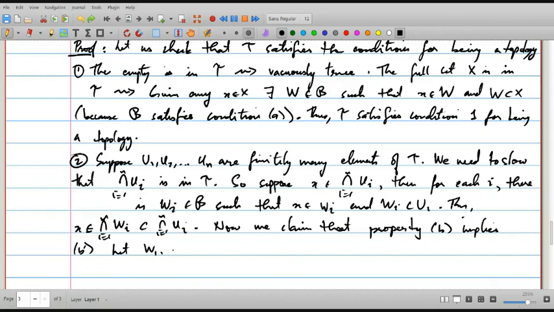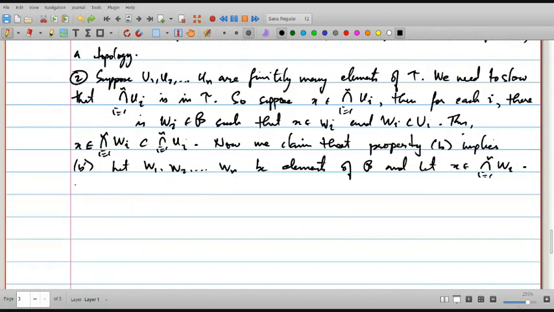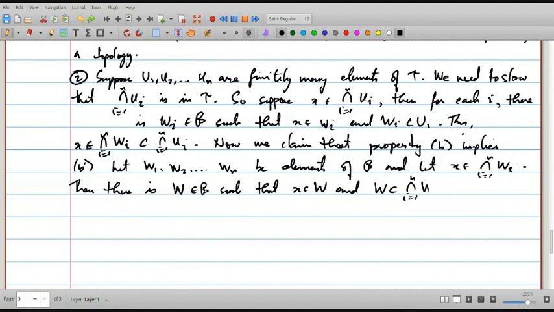Let W1, W2 up to Wn be elements of B, and let x be an element in the intersection. Then there is a W in B such that x belongs to W and W is contained in the intersection of the Wi's.